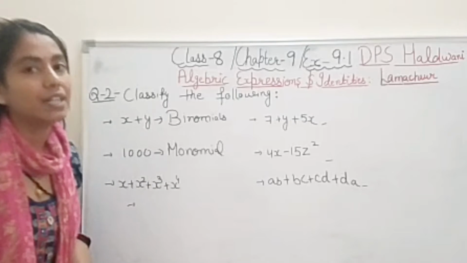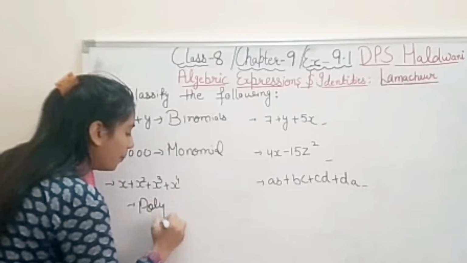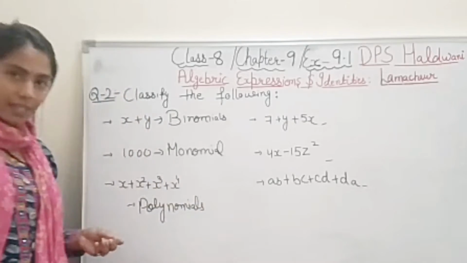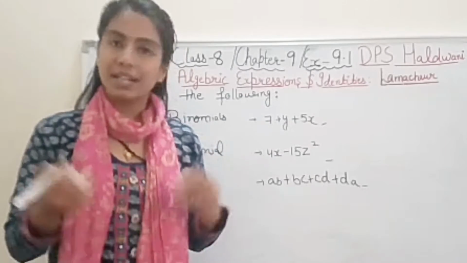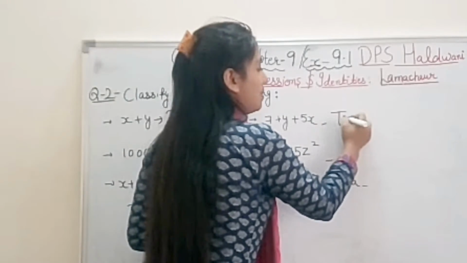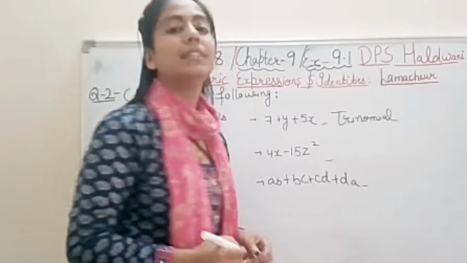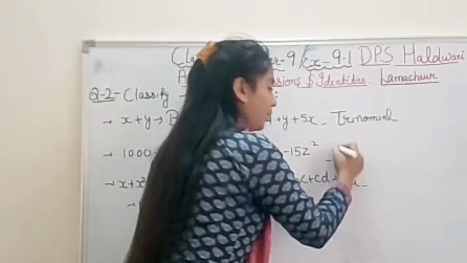So more than 3 terms comes under the polynomial. So it is a polynomial because it has 4 terms, right? Now 1, 2, 3, 3 terms, trinomial. So very simple, student. You just need to tell what type of expression it is. Now 2 terms are there, binomial.